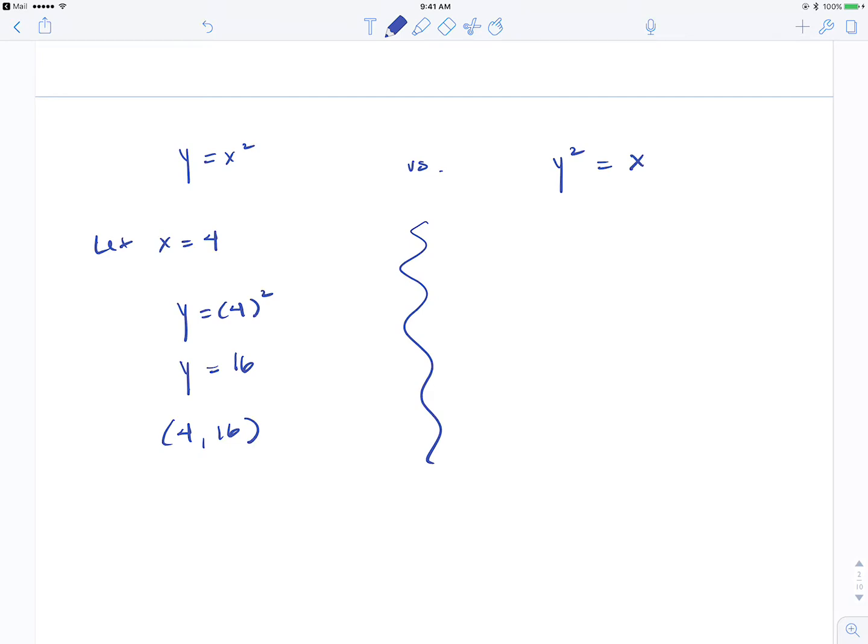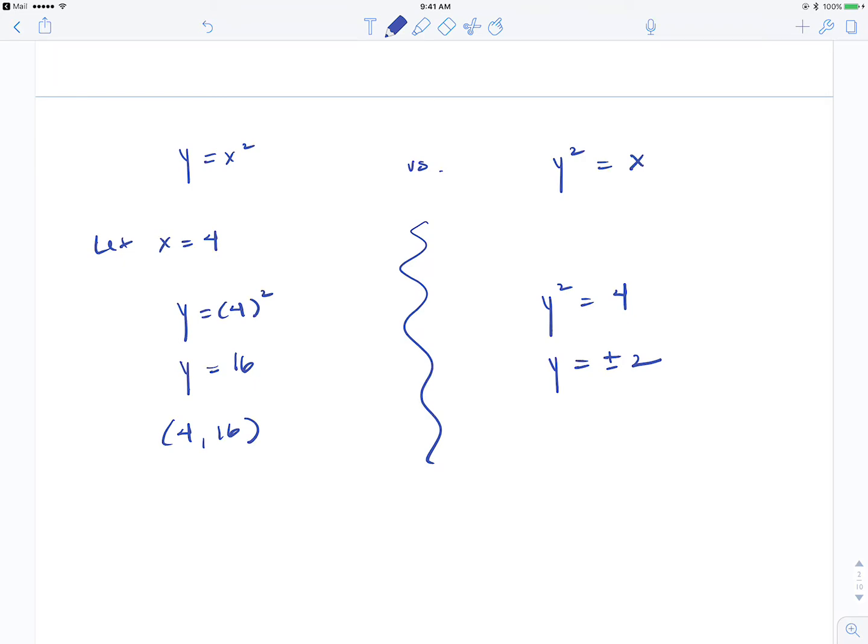If we come over to the equation on the right side, y squared equals x, let's let x equal 4 in this case. If we're solving for y, we would get y is equal to plus or minus 2.